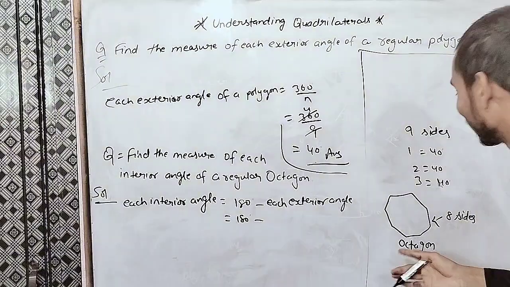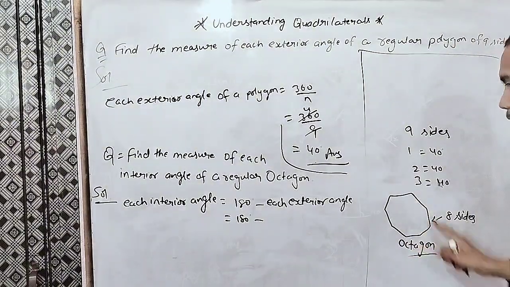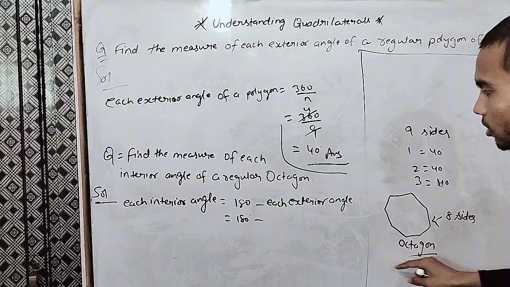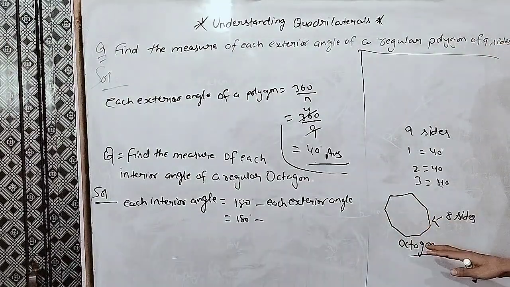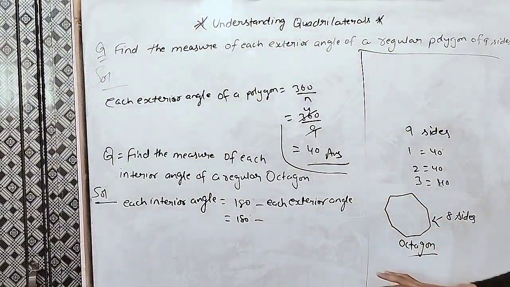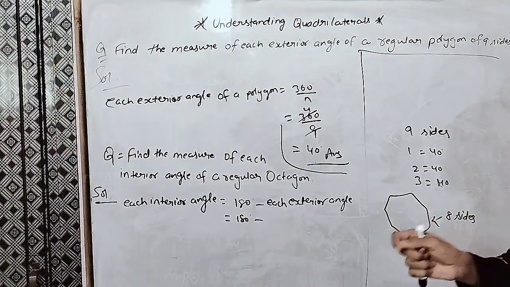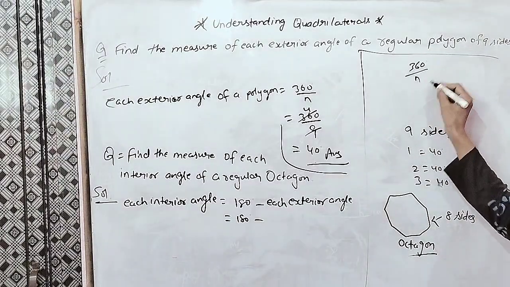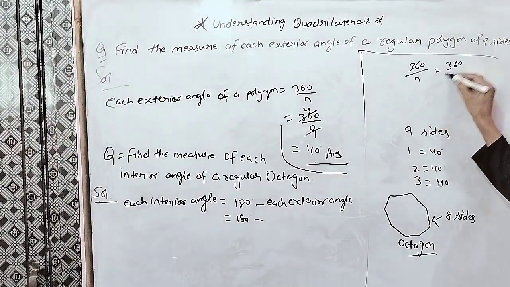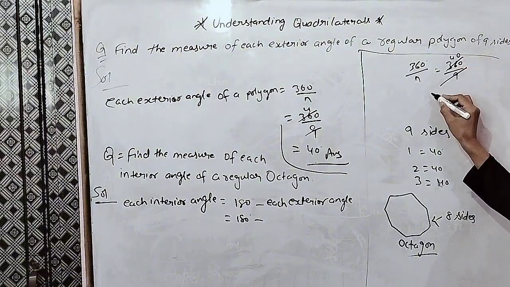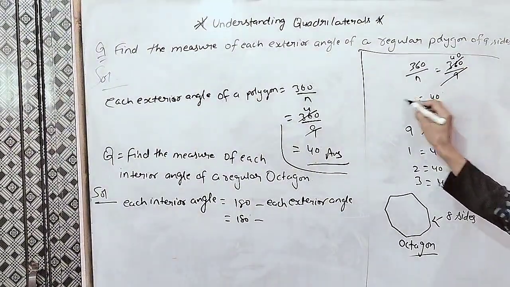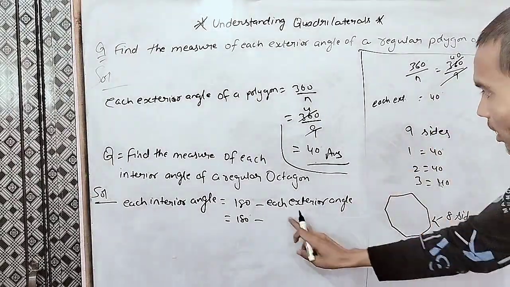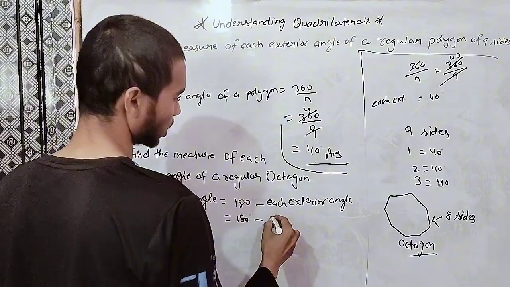We already know the measure of all exterior angles is 360, and to find each exterior angle we just divide 360 by the number of sides. Nine sides, so here we have 40 degrees for each exterior angle. So each exterior angle is 40 degrees.